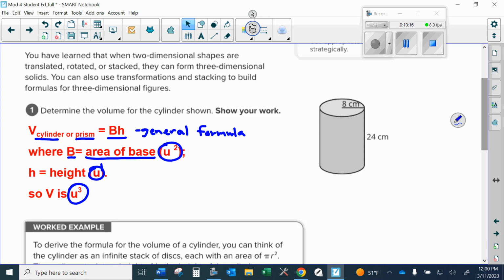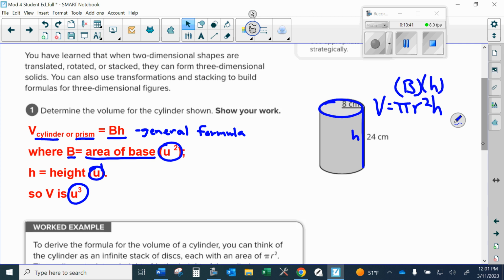Well, what is the area of this base? It's a circle, isn't it? What's the area of a circle? Pi r squared. We already did that in warm-ups. And there's my height right there. So the specific formula for the volume of a cylinder: that's the area, so now I throw in the height and it becomes the volume. That's the area of the base, pi r squared, times the height.